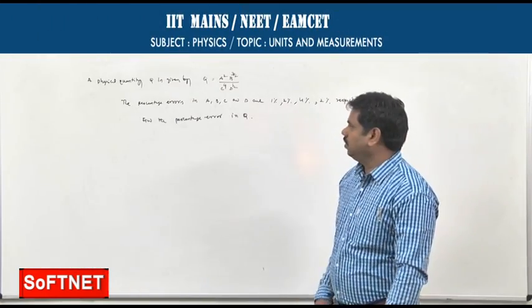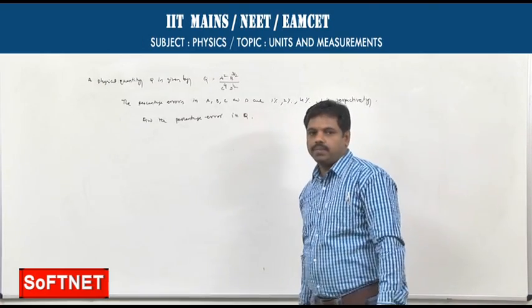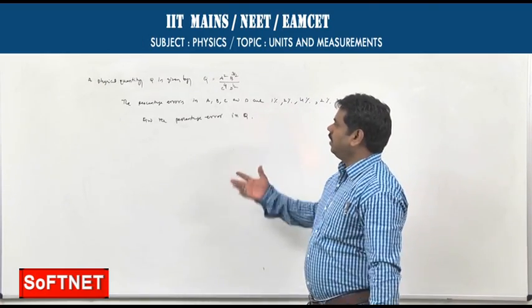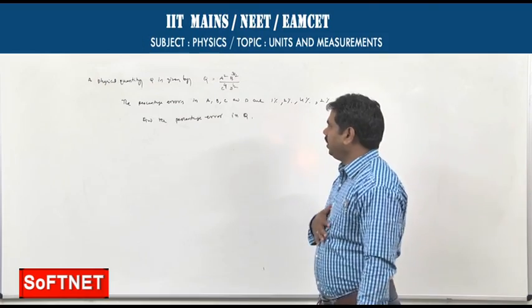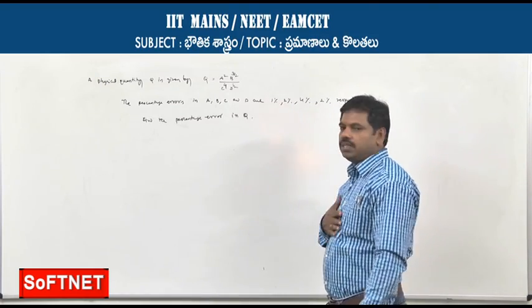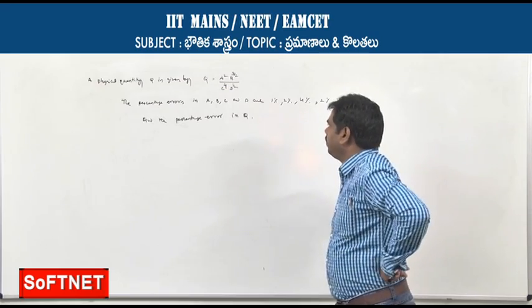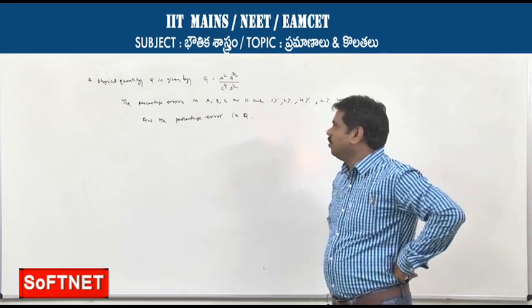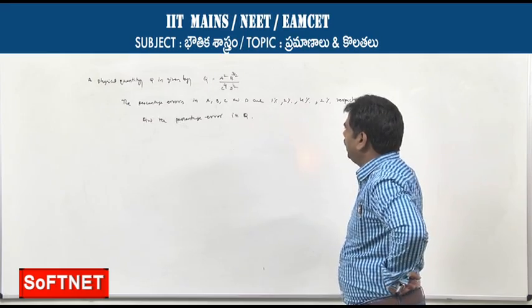Let us solve this last problem in this session. Given that a physical quantity Q is going to be measured by the relation Q is equal to A square B power 3 by 2 over C power 4 D power half.